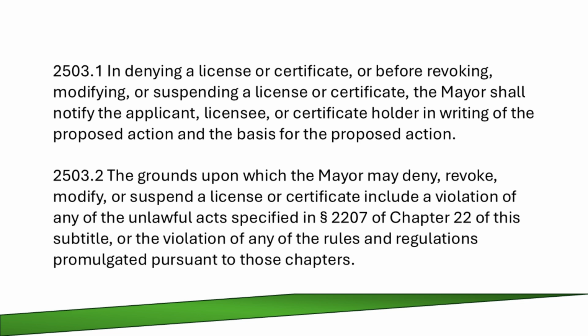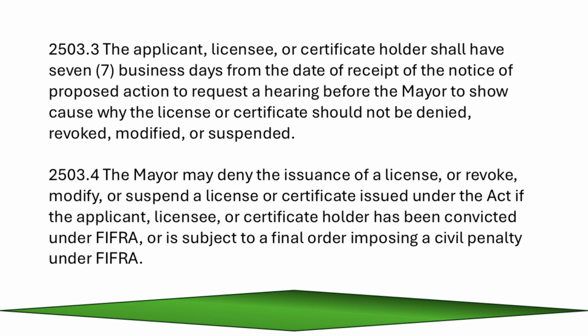2503.2. The grounds upon which the mayor may deny, revoke, modify, or suspend a license or certificate include a violation of any of the unlawful acts specified in 2207 of Chapter 22 of this subtitle, or the violation of any of the rules and regulations promulgated pursuant to those chapters. 2503.3.